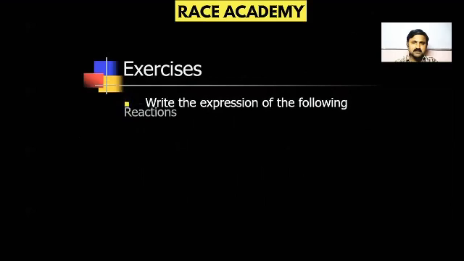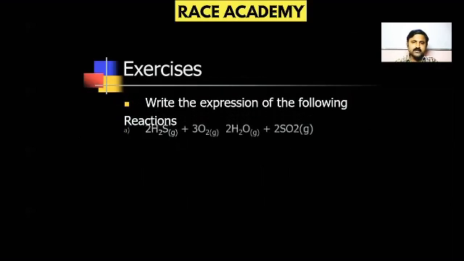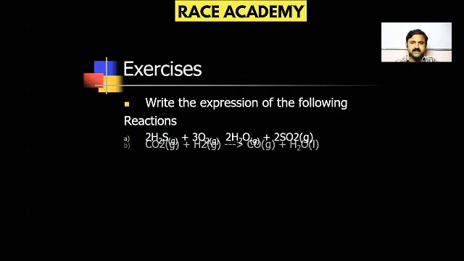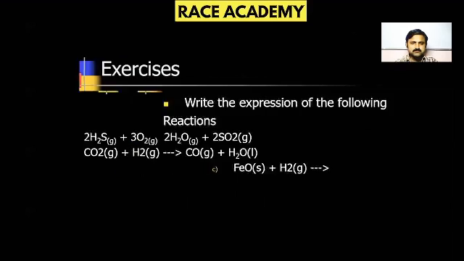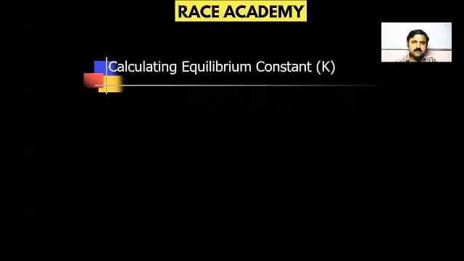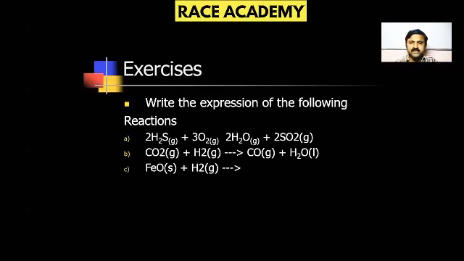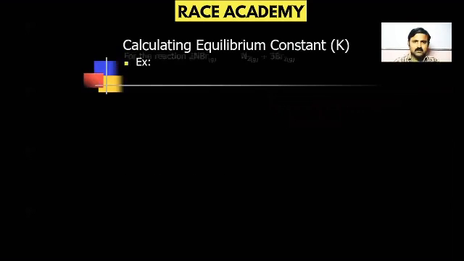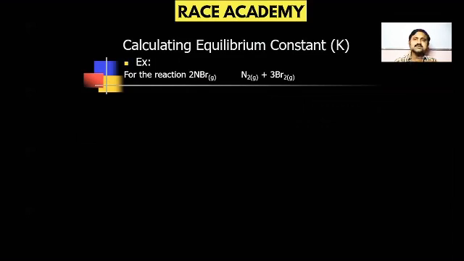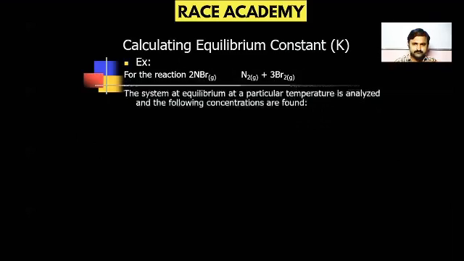Next, write the expression for the following reaction. One more example, if you take this. Equilibrium constants can be written as we said earlier. Now, one more chemical equation: 2NBr3 gives rise to N2 plus 3Br2.